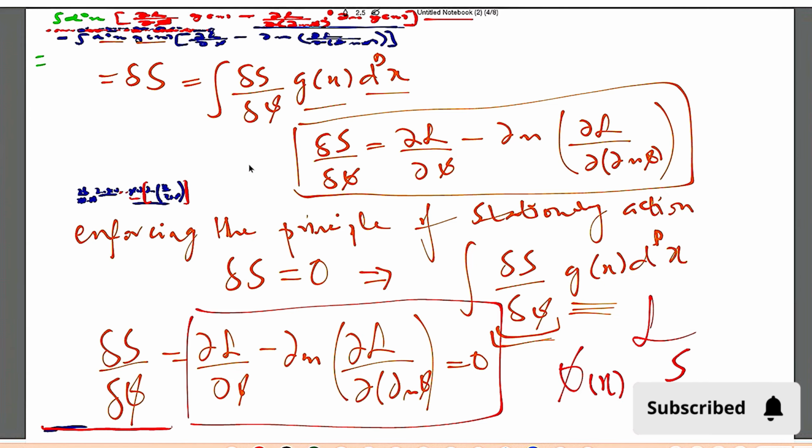We have successfully derived the Lagrangian field equation of motion, and in the next video we'll see how we can use this equation, this basic setup, to derive the equation of motion for different fields. It will be for scalar field, fermionic field, bosonic field.